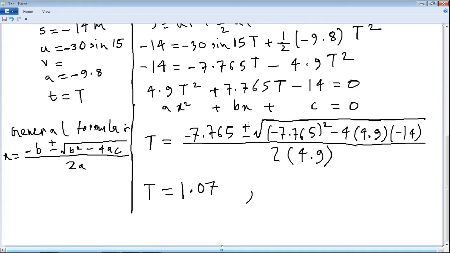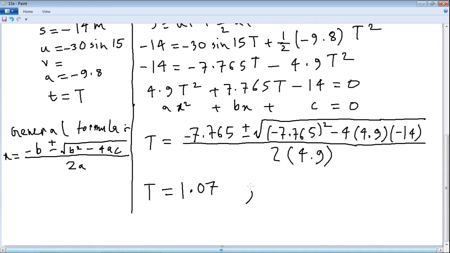So first we will take the positive one, then we get this one, then we will take negative one. Okay, minus 7.765 minus this one. I hope that you all know the basic.